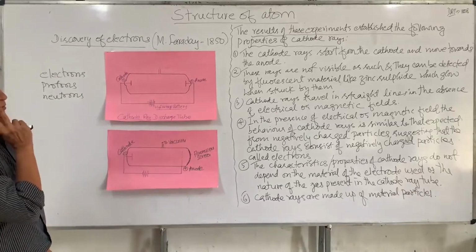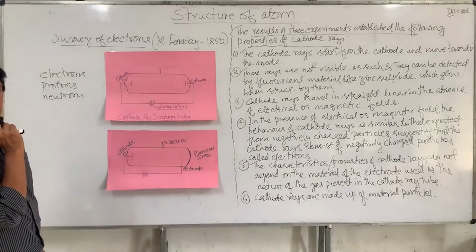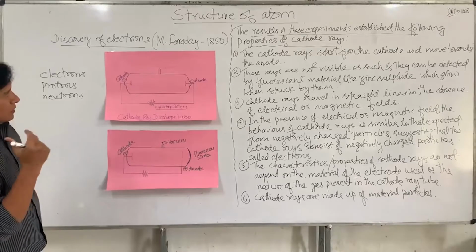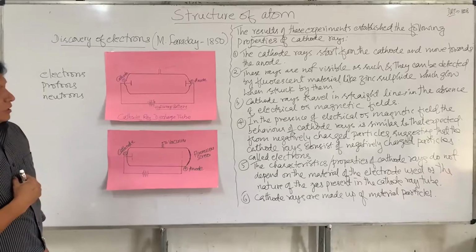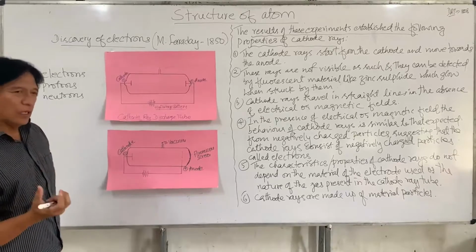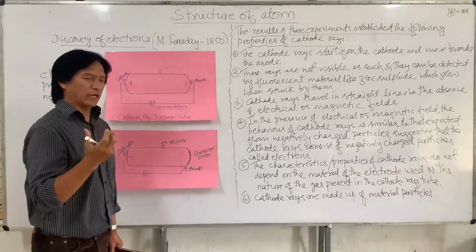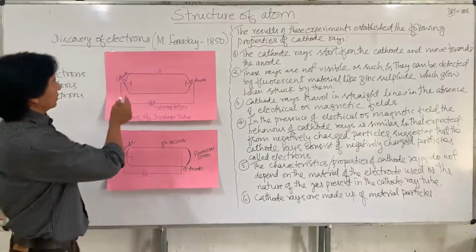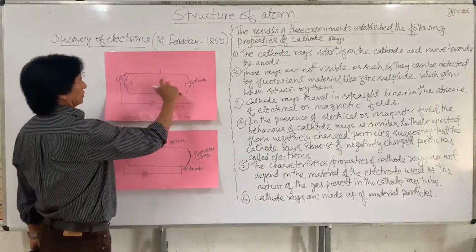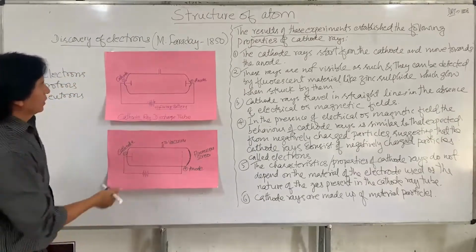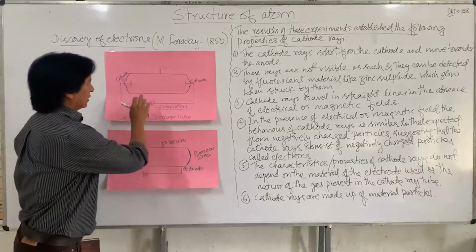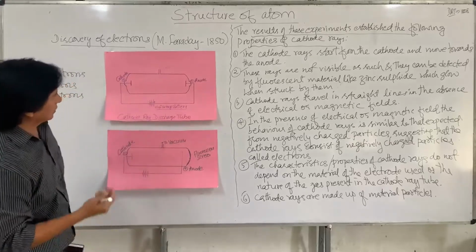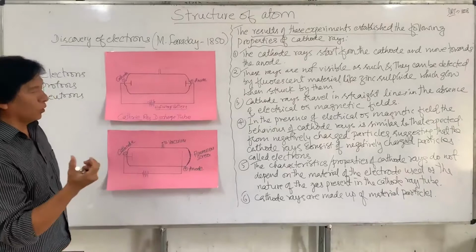Now it is said that this electrical discharge is observed only at very high voltage and very low pressure. A gas is taken in this discharge tube, and the gas inside is at a very low pressure.